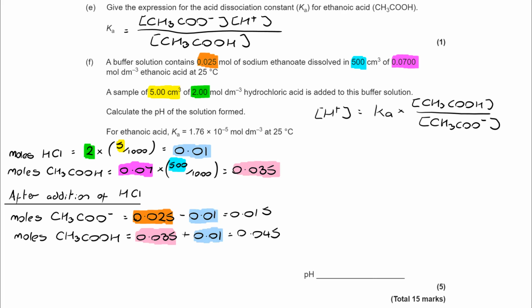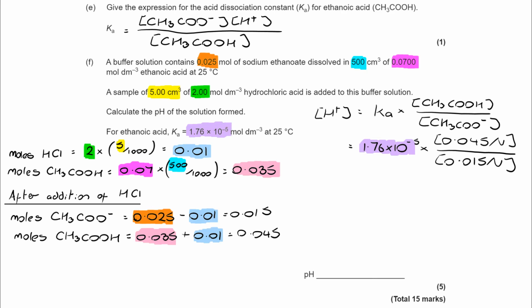Now, if I rearrange my acid dissociation expression, I can make H plus the subject. And it comes to Ka times CH3COOH over CH3COO minus. Bear in mind these are concentrations, not number of moles.